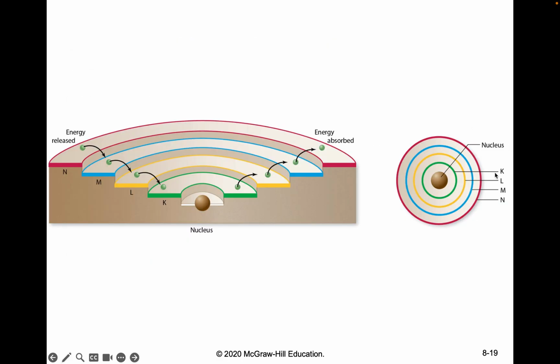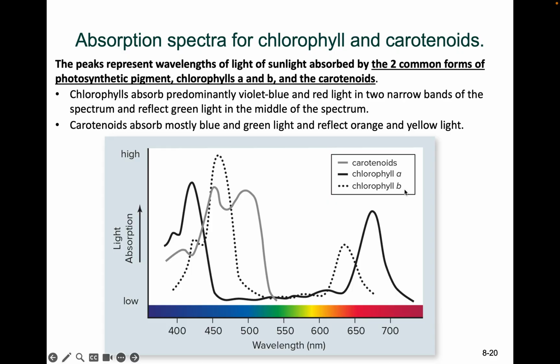But even within the visible light wavelengths, 400 to 700, not all pigments are able to absorb all of the energy. There are mostly two specific types of photosynthetic pigments: the chlorophylls, divided into chlorophylls A and B, and the carotenoids. Chlorophylls A and B and carotenoids have a preference for photons with certain wavelengths.